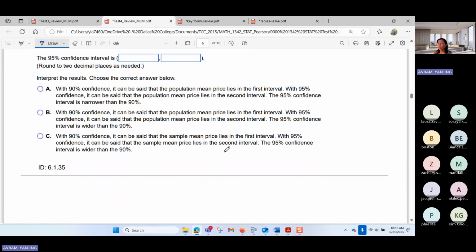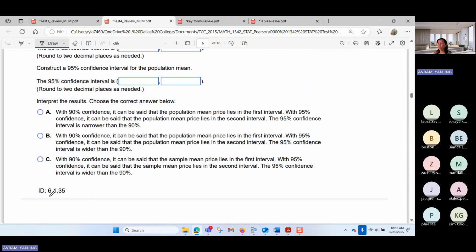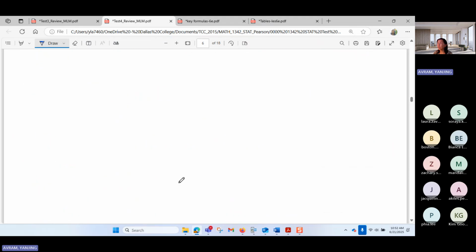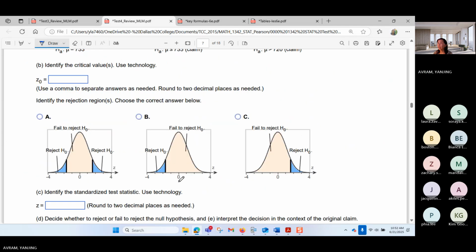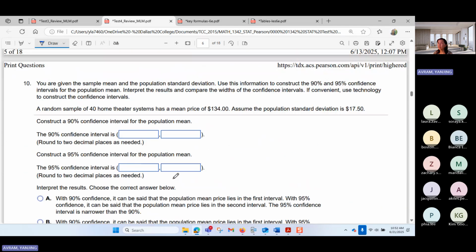Now let's go ahead and look at what is on 6.1. I want to give you all of chapter 6 first before we move on to chapter 7. You're given the sample mean and the population standard deviation. Use the information to construct a 90% and 95% confidence interval for the mean. You randomly sample 40 home theater systems.